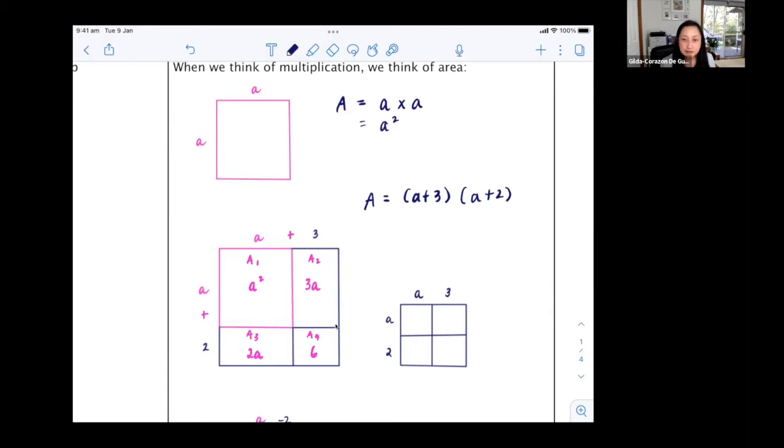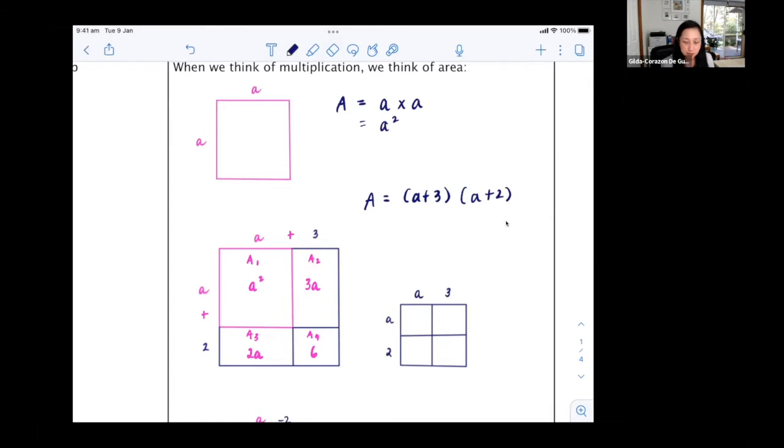What is the area of this rectangle here? For any rectangle, we go length times width, or width times length, whichever you want as the length or the width. This one is 3 times a, which is simply 3a. This rectangle would be 2 times a, and therefore that's equal to 2a. This rectangle has dimensions 3 multiplied by 2, which is equal to 6.